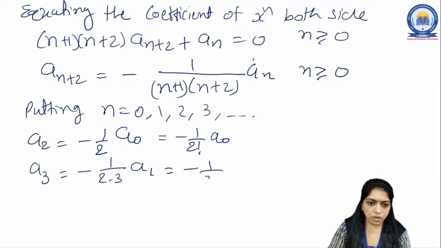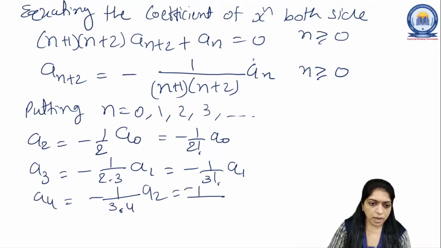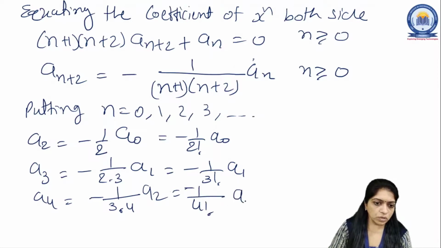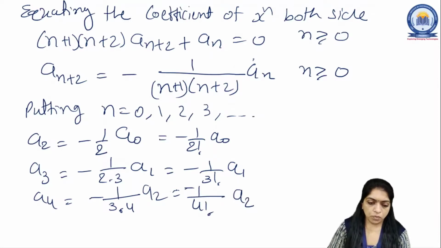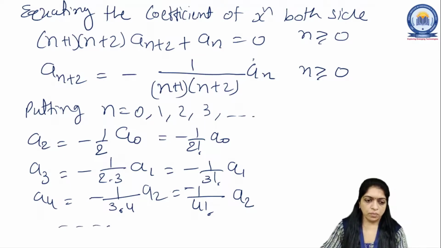So minus 1 upon 3 factorial a1. a4, that is minus 1 upon 3 dot 4 a2, that is plus 1 upon 4 factorial a0, up to so on, right?